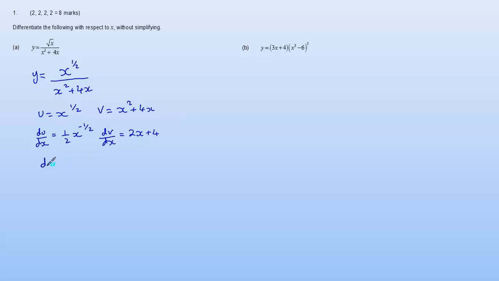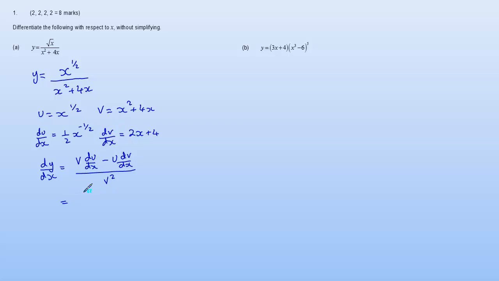Now, for a quotient, dy dx is v du dx, take away u dv dx, all over v squared.